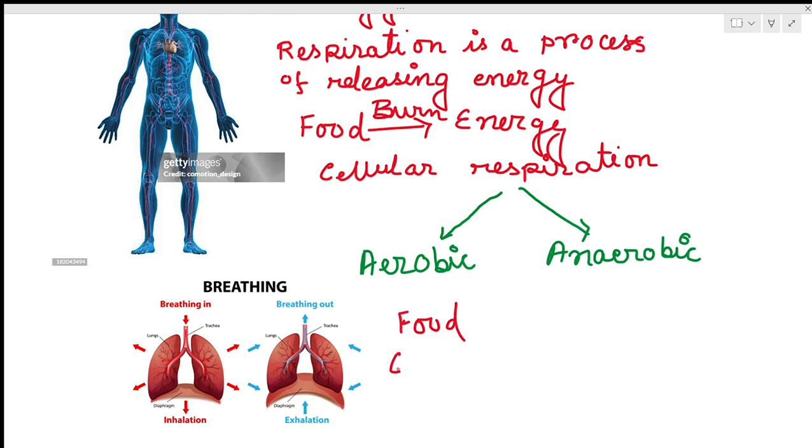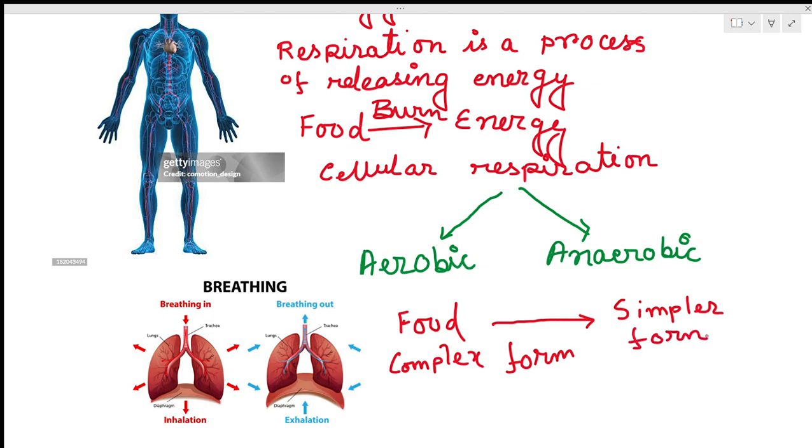That complex form breaks down inside our stomach, and it generates the simpler form that is also known as glucose.